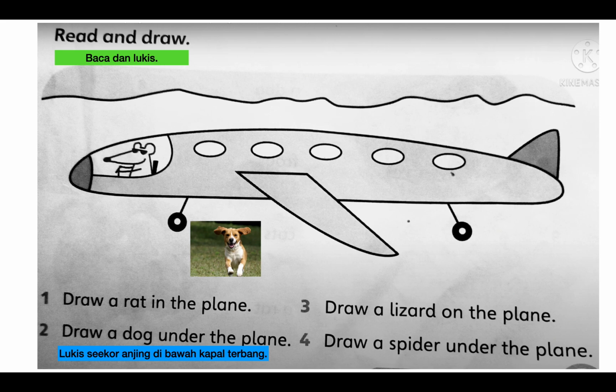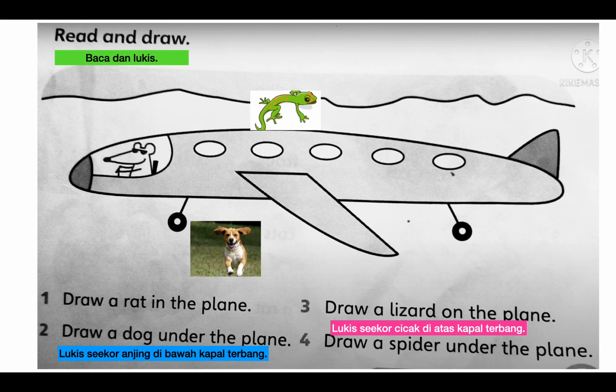Okay, next. Draw, number 3, draw a lizard on the plane. Lukis seekor cicak di atas plane. Di atas kapal terbang. Lizard ialah cicak. On maksudnya di atas. Jadi, lukis seekor cicak di atas kapal terbang. So, here we go. A lizard on the plane.